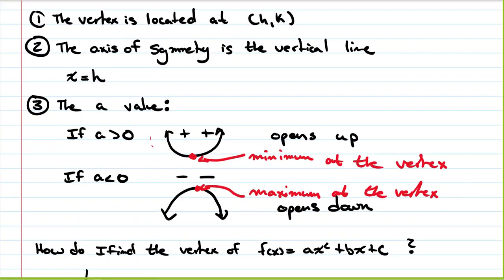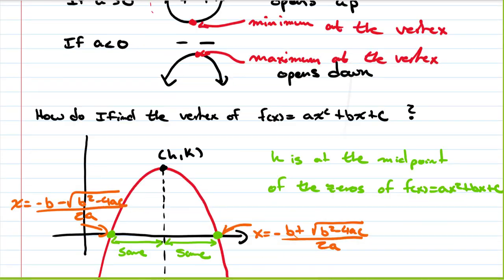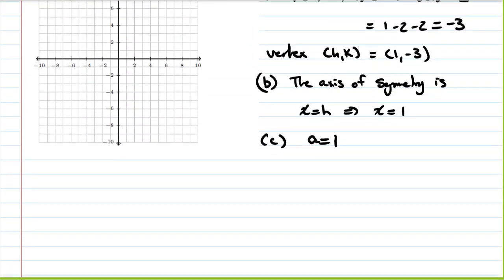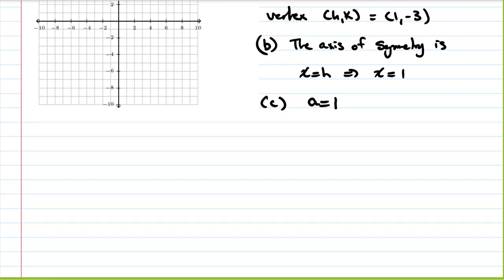Our a value is 1, so it's bigger than 0. So that means our parabola is happy, so it's going to look like a smiley face. It's going to open up. That means it's going to have a minimum value at its vertex. So since a equals 1, we know our parabola is going to be happy, and it opens up, so we're going to have a min, and the minimum is at our vertex at 1 and negative 3.